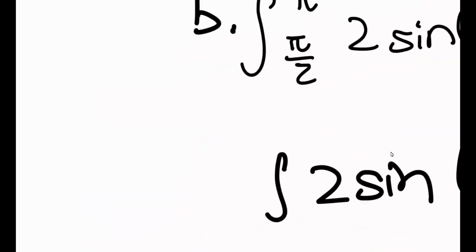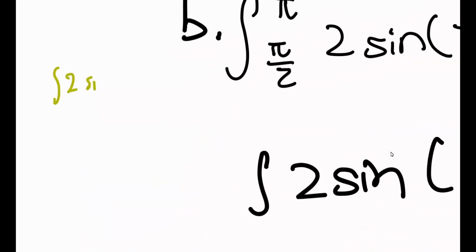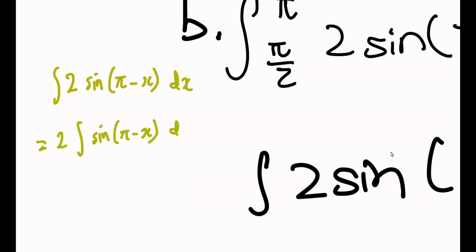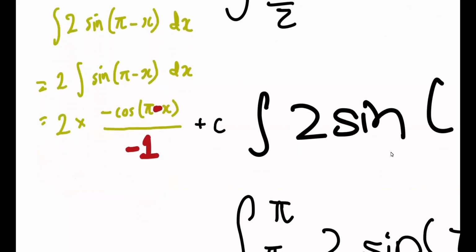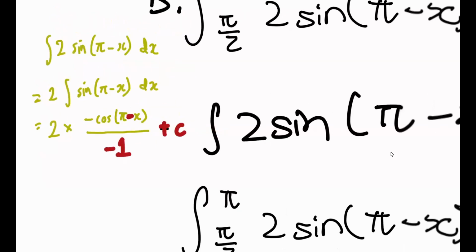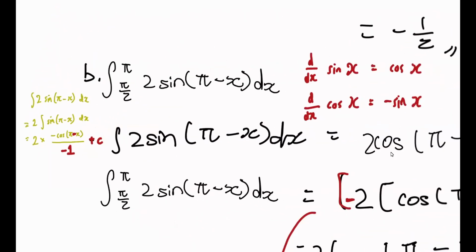Over here, integral of 2 sine(pi minus x) dx will become 2 times the integral of that, which is 2 times negative cosine(pi minus x). But you have to divide by the coefficient here, so -1, plus c. Negative cancels away. That's how you get your answer, 2 cos(pi minus x).